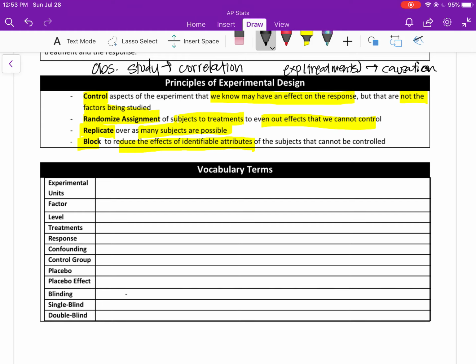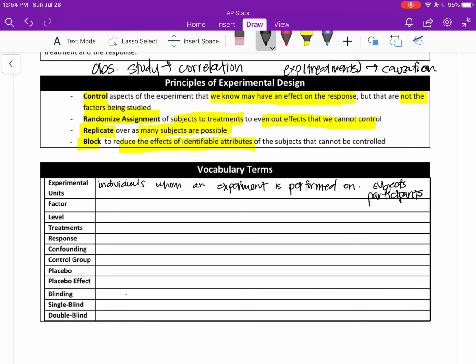Experimental units are individuals on whom an experiment is performed. These are sometimes called subjects or participants.